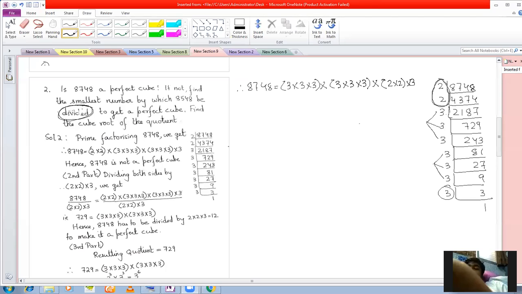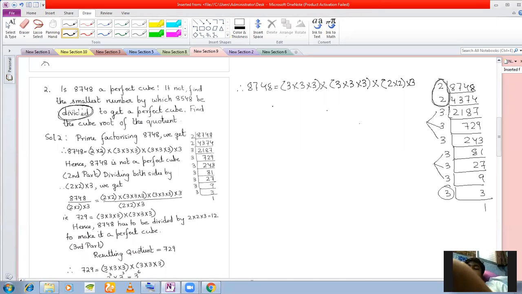This is your prime factorization. Since all the equal prime factors do not form triplets, it is not a perfect cube. Or you can proceed in this manner also. You can write this as 3 cube, this as 3 cube, this as 2 square, and this as 3.